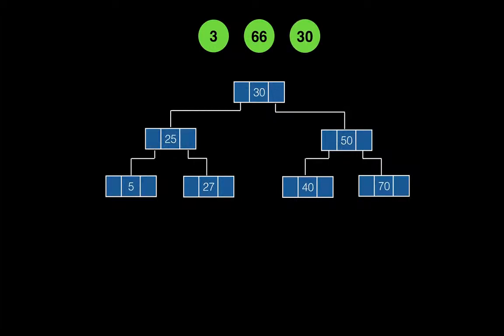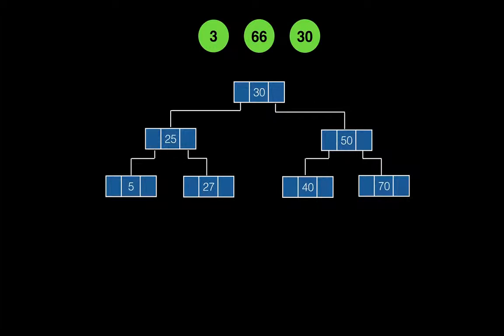Suppose the third case is deleting node 30, which has two children. Each child is another subtree. In that case, it's pretty different, but it's not tough. Of course, it's really very easy.